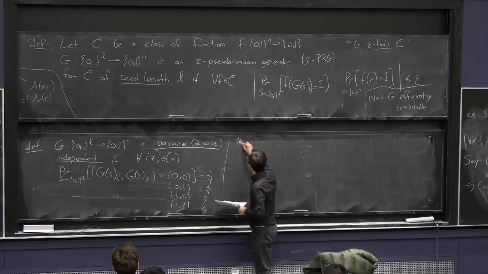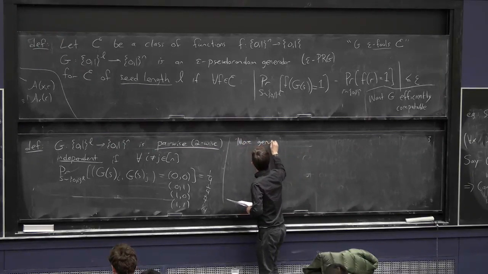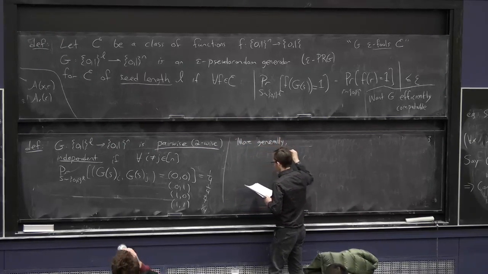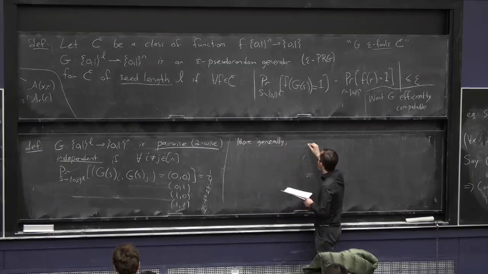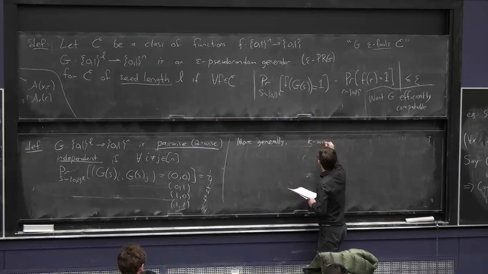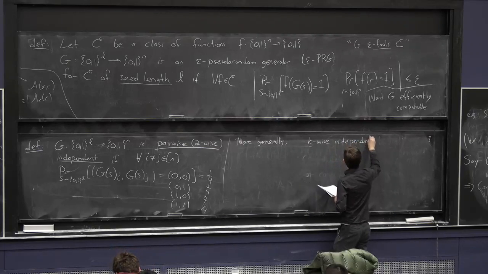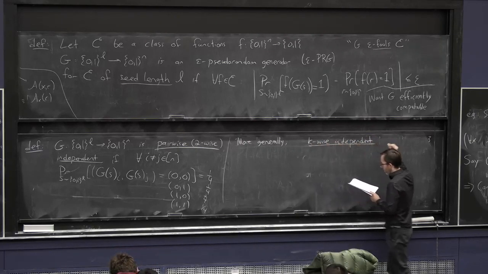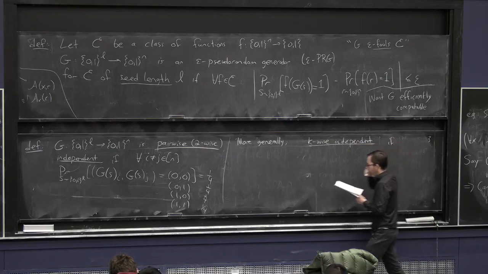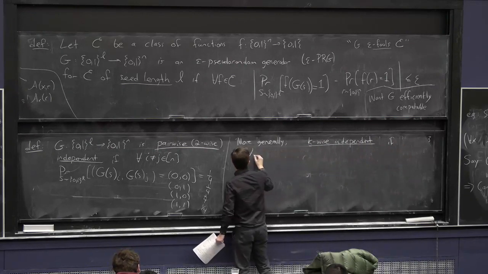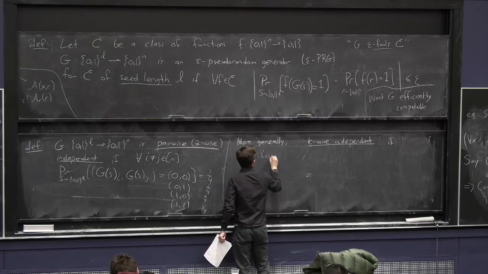And more generally, this pseudorandom generator is called k-wise independent. Again, it's a misnomer. It should really be called k-wise uniform, but what can we do? If for all k distinct output positions, a similar thing happens.